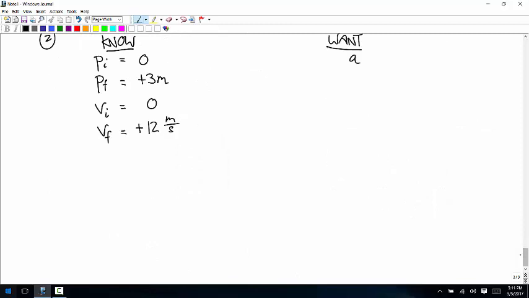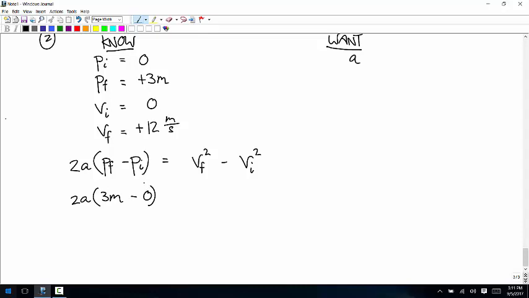Okay, so we're going to use the same equation as before. 2a times the quantity X final minus X initial is equal to V final squared minus V initial squared. So we have 2a times the quantity 3 meters minus 0 is equal to V final, which is 12 meters per second, so 12 meters per second squared.